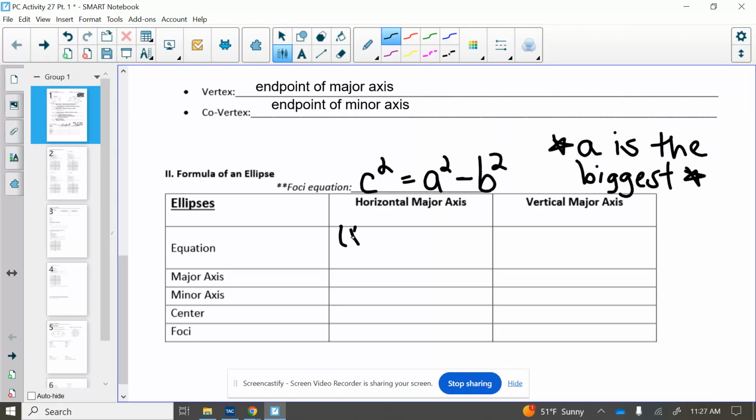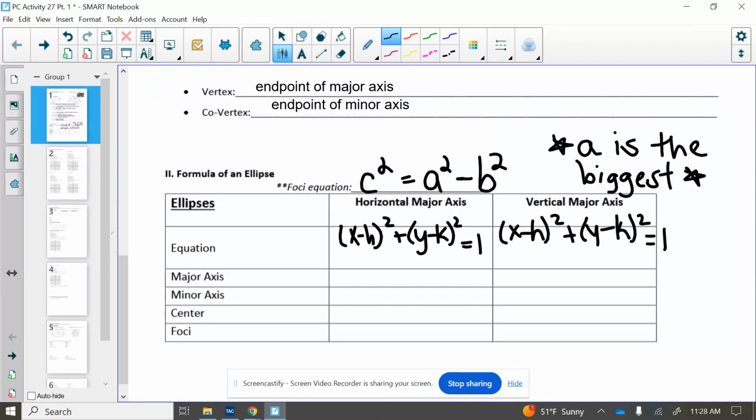Now, when we have our equations, they are always going to start x minus h, y minus k, those squared, and be equal to 1. And notice that they are always being added together. What will dictate if this is vertical or horizontal is where parameter A is.